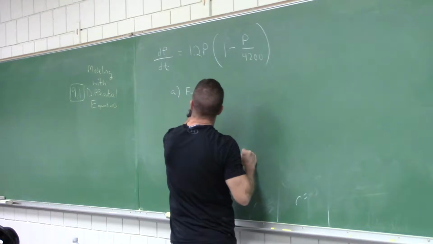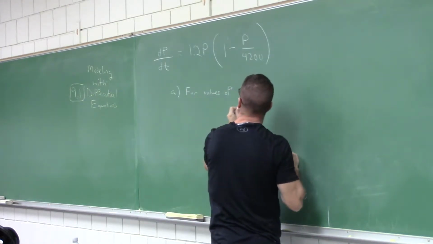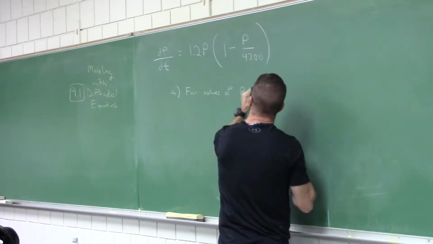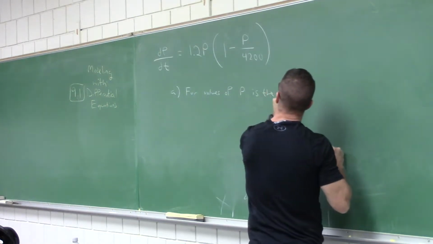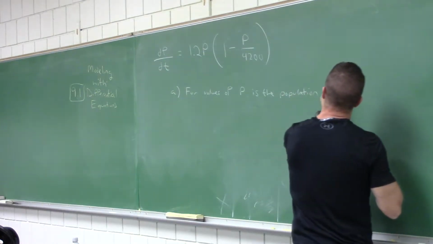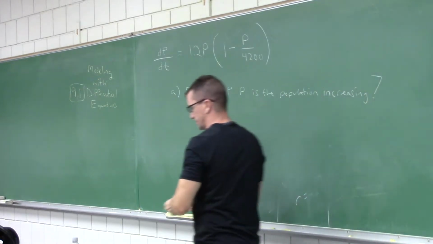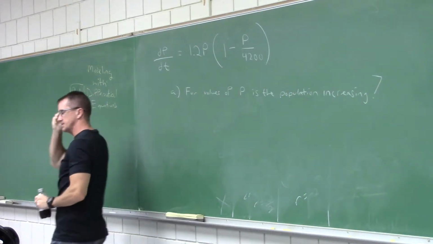Here's the first question. For what values of p is the population increasing?